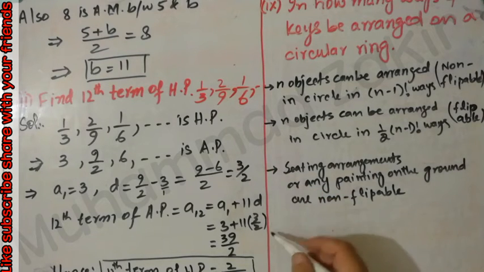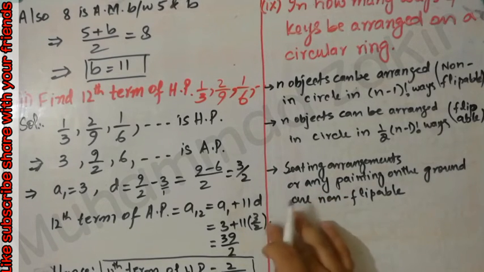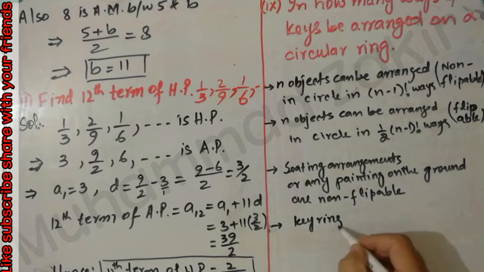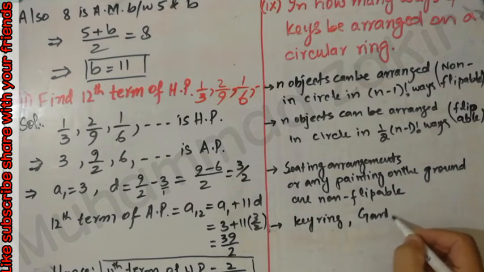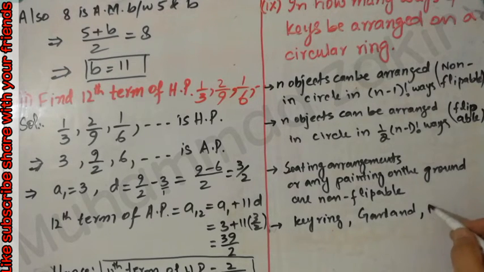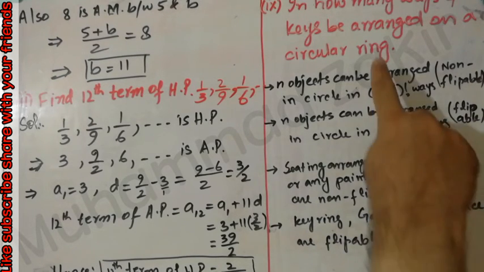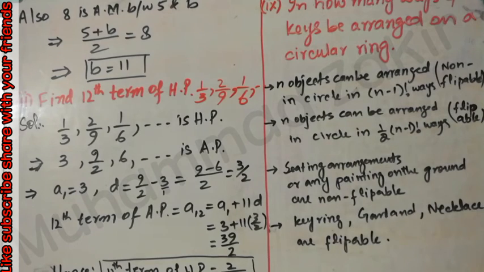On the other hand, keyring, garland, necklace are flippable. So these facts must be kept in mind. So this is a circular keyring. Circular keyring is flippable.